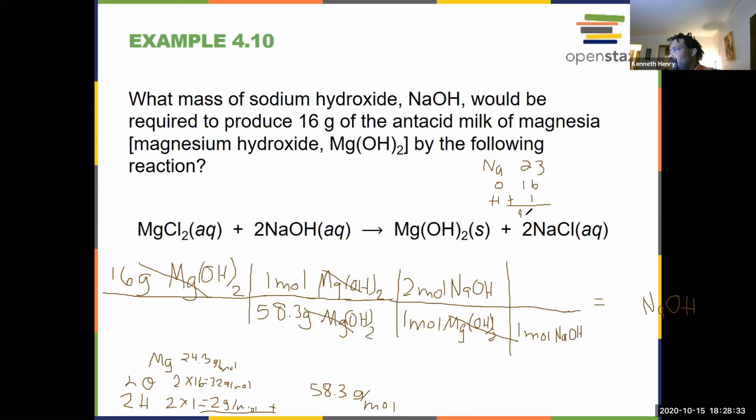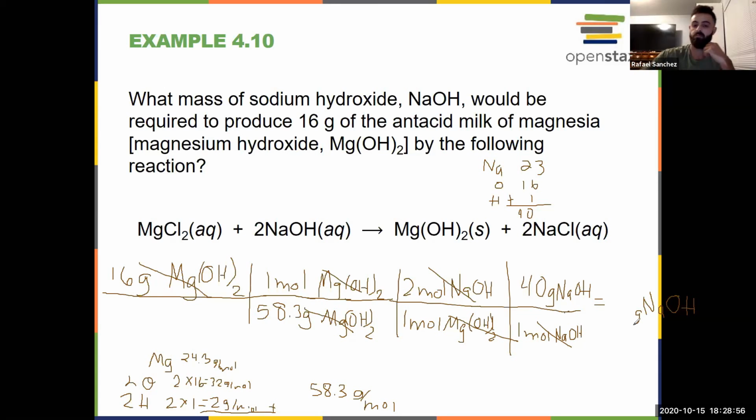That gives 40. Okay, cool. So that gives me my grams of sodium hydroxide. How many sig figs should I have? 2 sig figs. Okay.